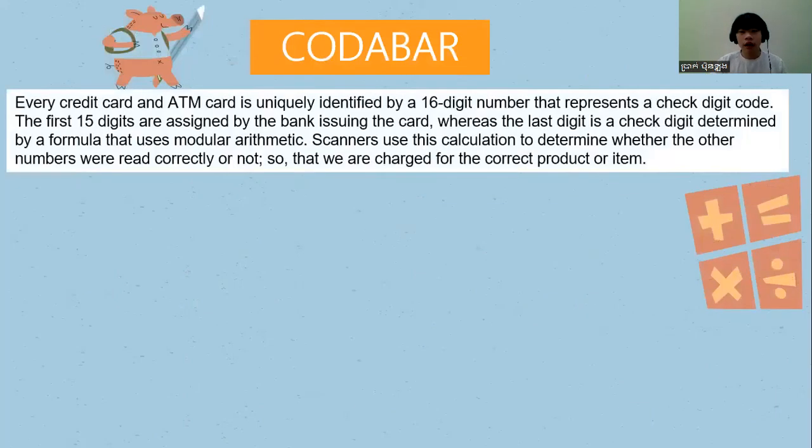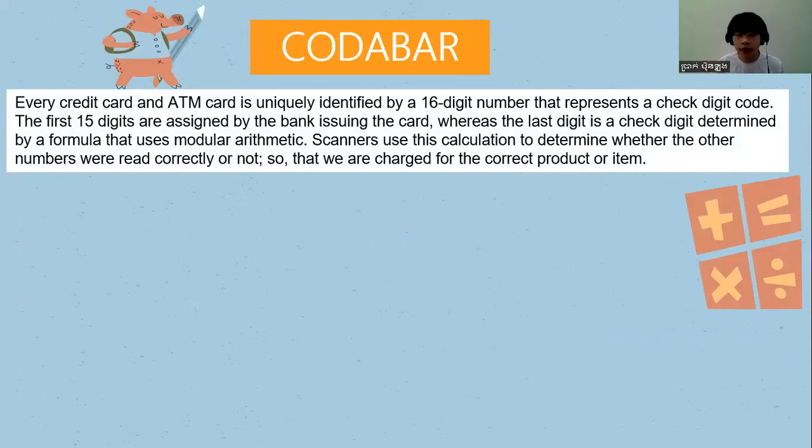The Codabar. Every credit card and ATM card is uniquely identified by a 16-digit number that represents a check-digit code.